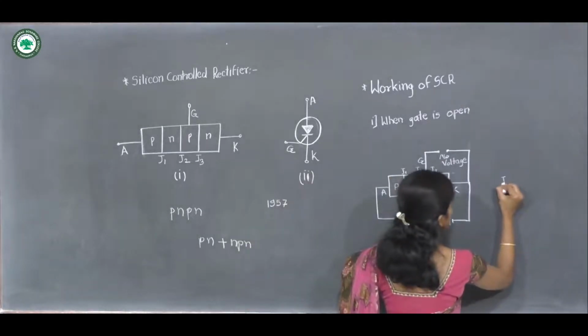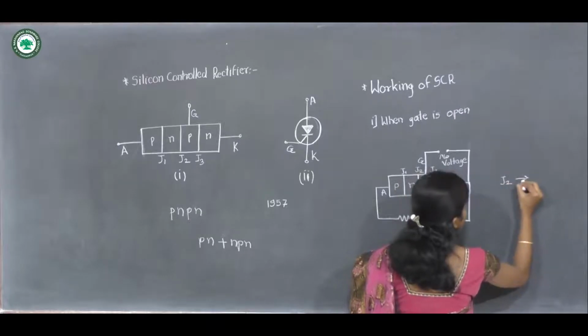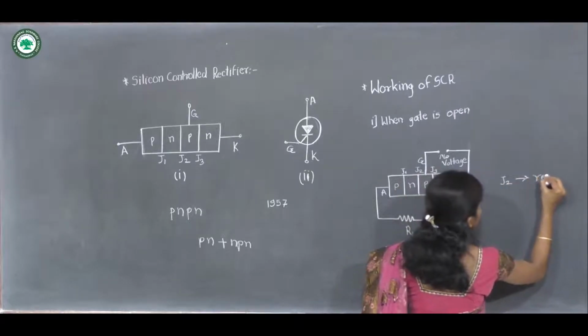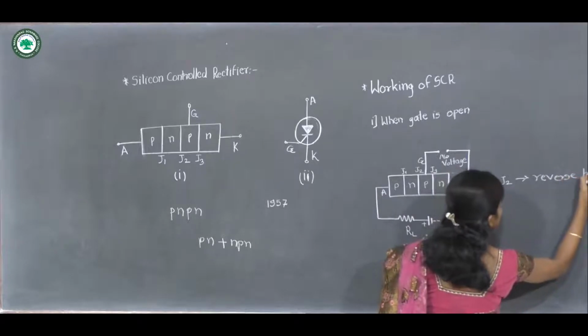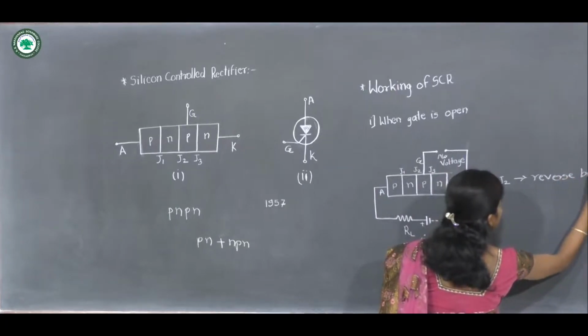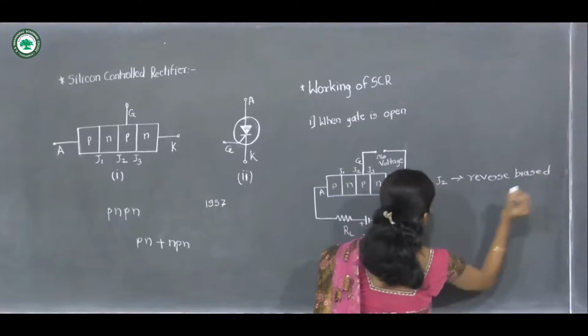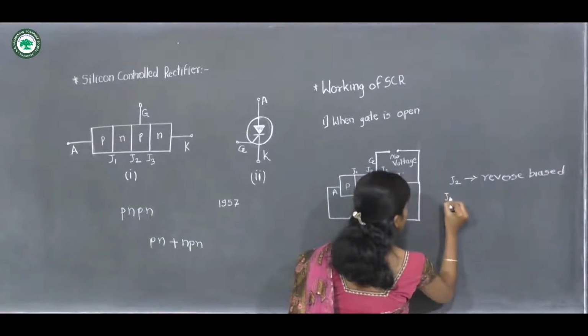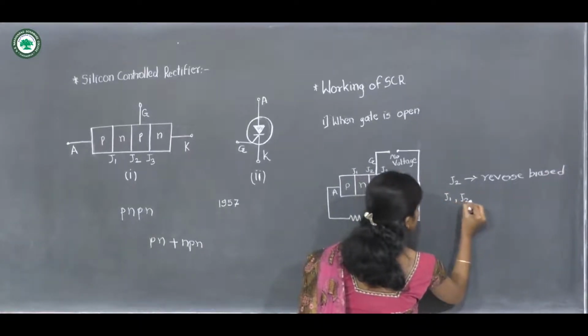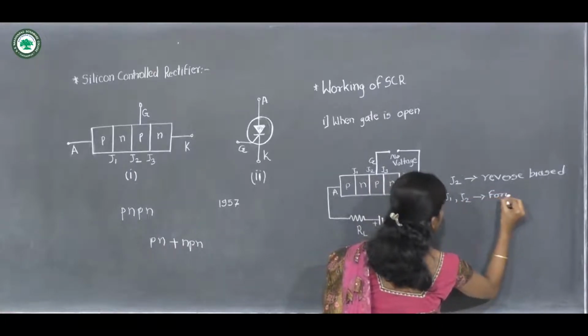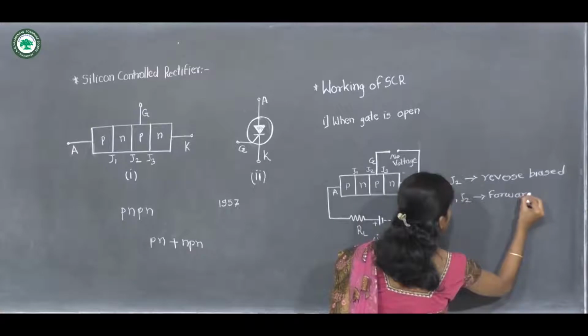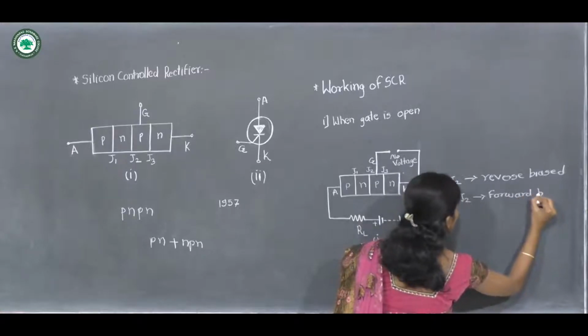So junction J2 is in reverse bias, and junctions J1 and J3 are in forward bias.